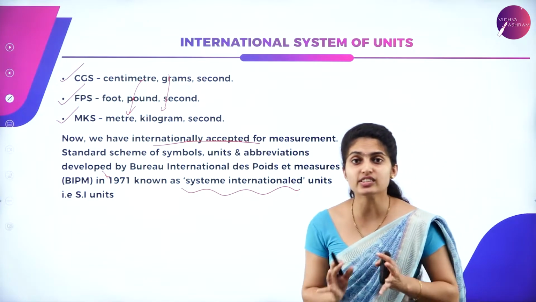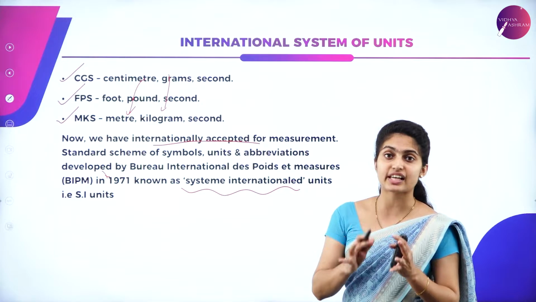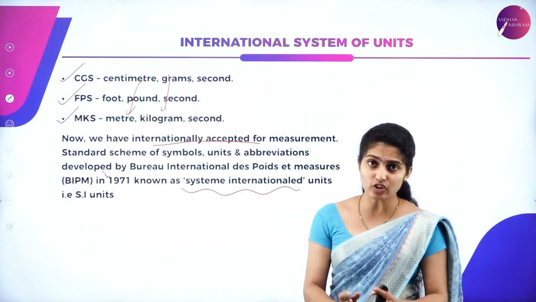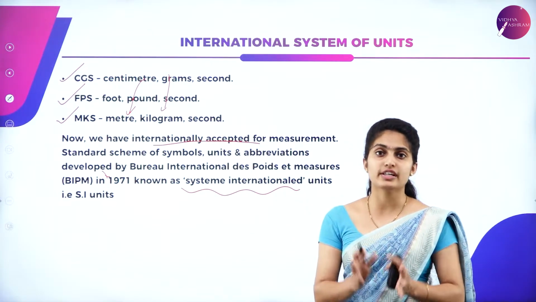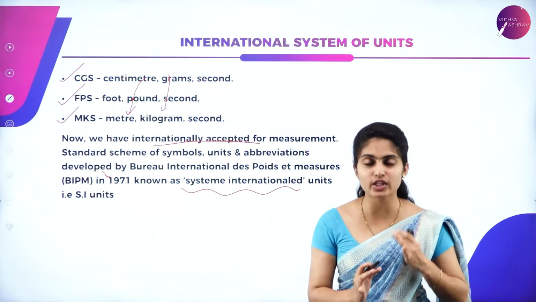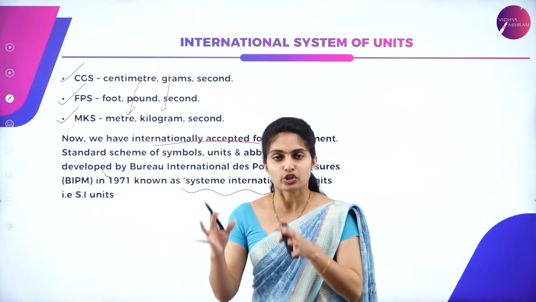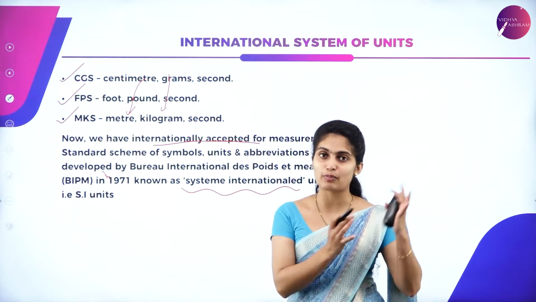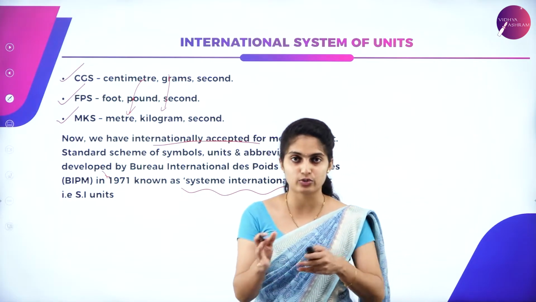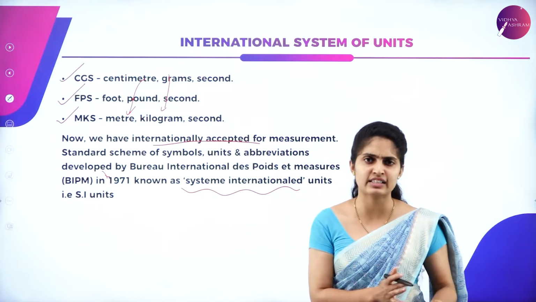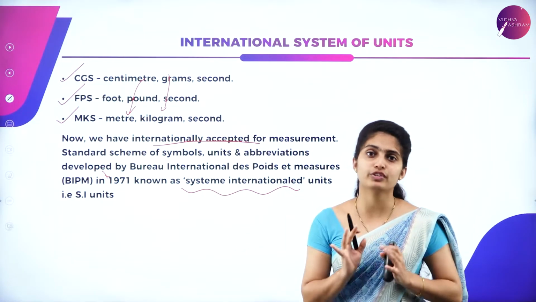Okay, so this is all about how the SI unit came into existence, because of which all over the world we study only certain basic units, and from them we derive certain other units. So whatever we study here is the same in other countries as well, whether we refer to velocity, acceleration, or any of the quantities.